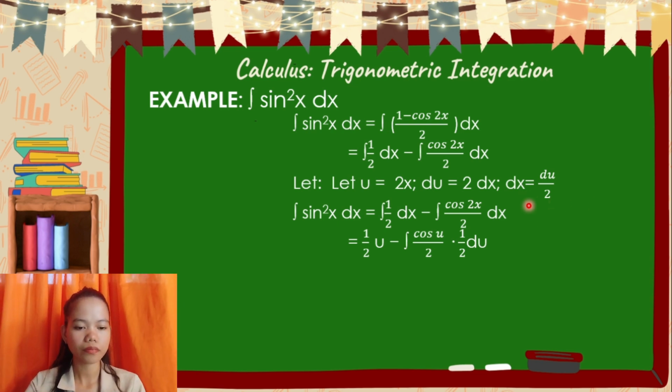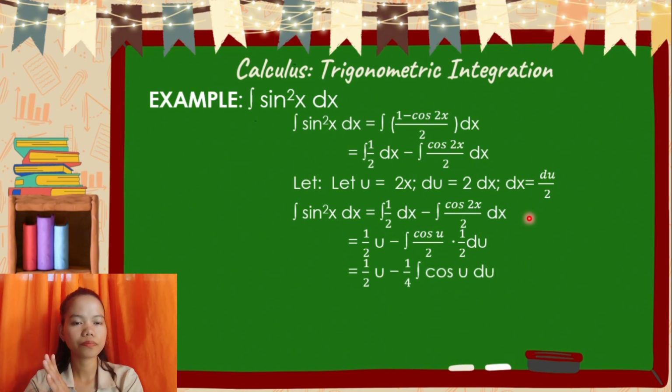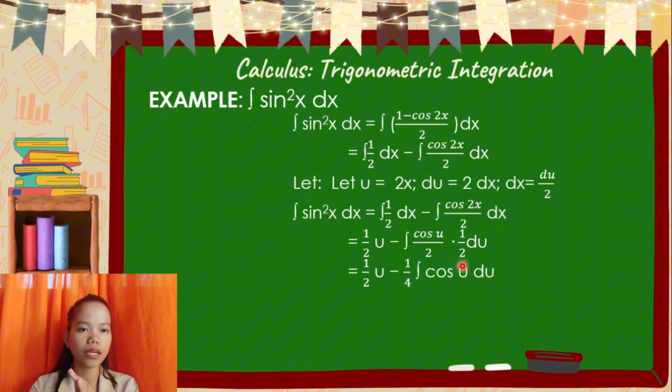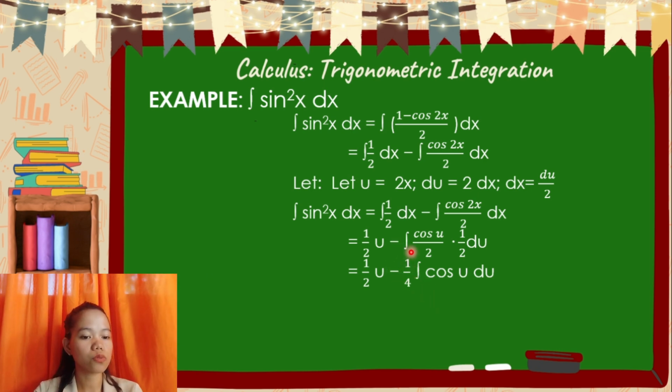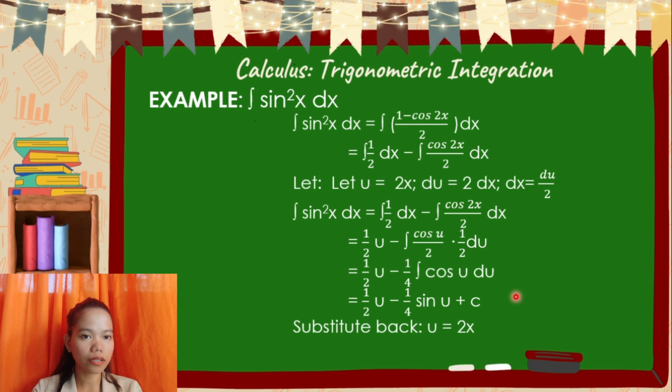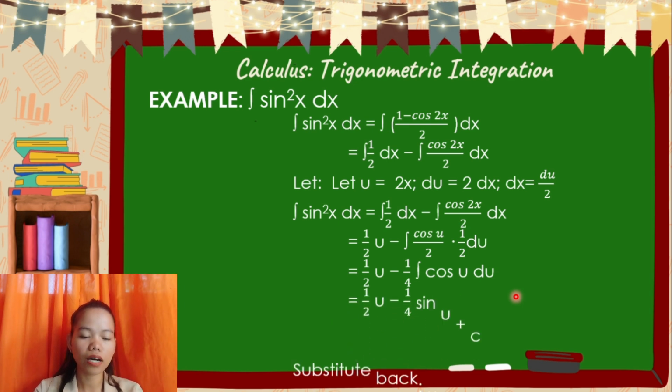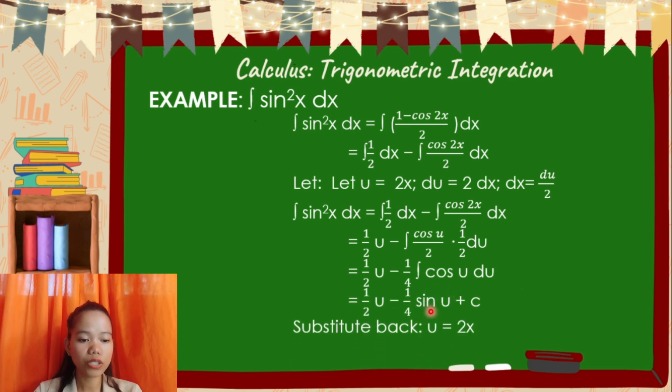Right after that, we factor out the constant, which is 1/2 times 1/2 is 1/4. So we have now the 1/4 of the integral of cosine of u du. What is the integral of cosine u? We have now sine u. So what we have now is 1/2 u minus 1/4 sine of u plus c.